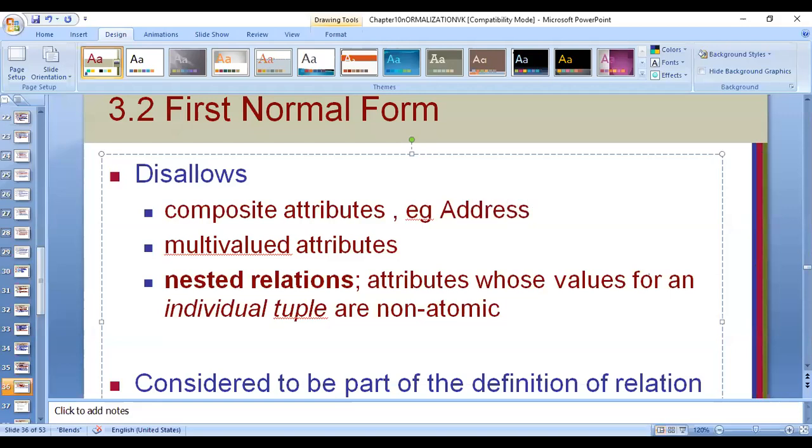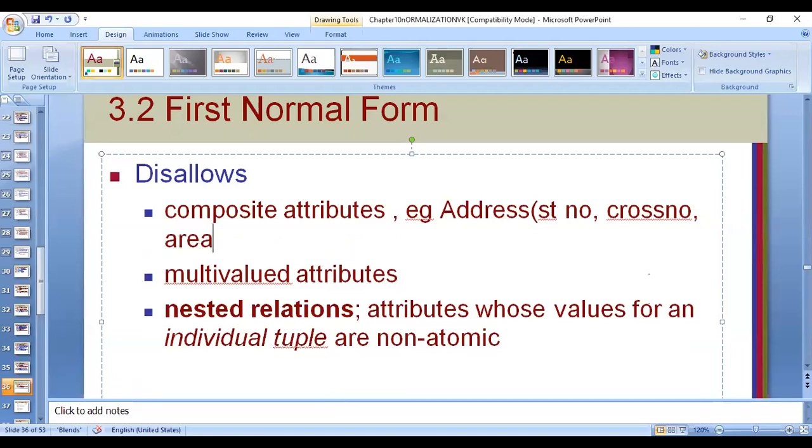So address is a composite attribute which can be composed of a street number, cross number, area, city, etc. So my address is composed of all these components.